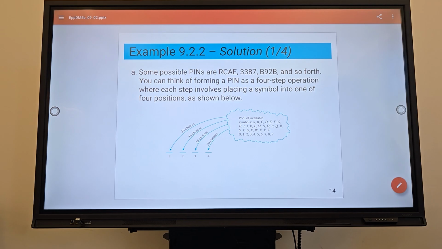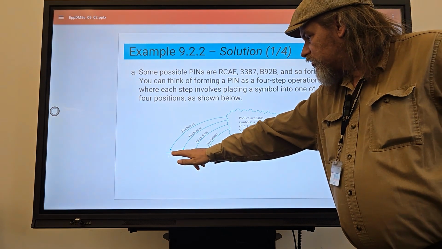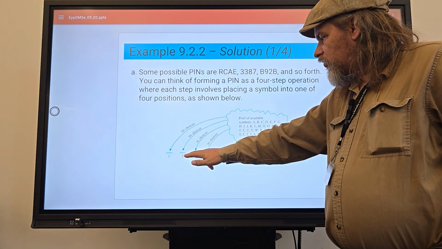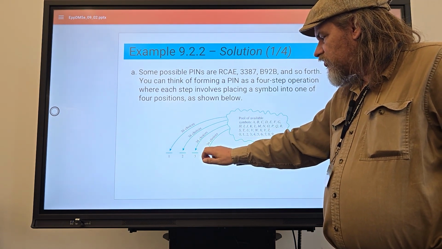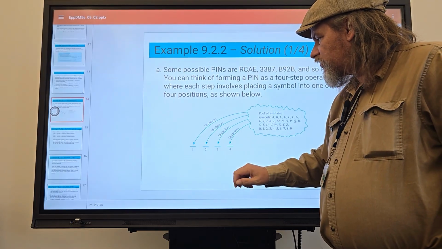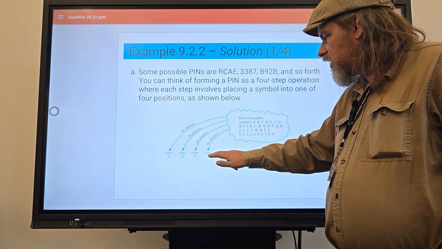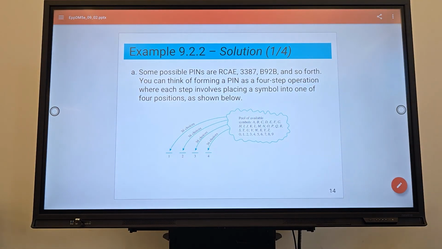Well, for the possible PINs, you have 36 choices for position 1, 36 choices for position 2, 36 for position 3, and 36 for position 4.